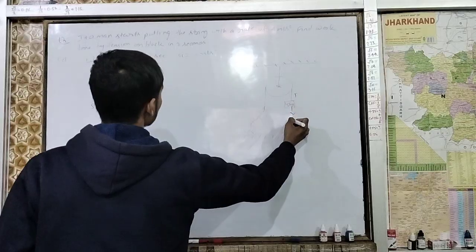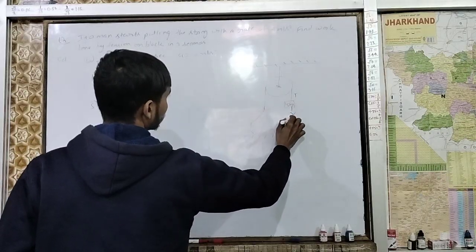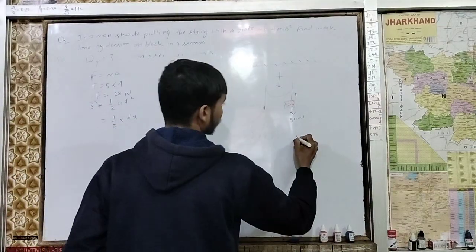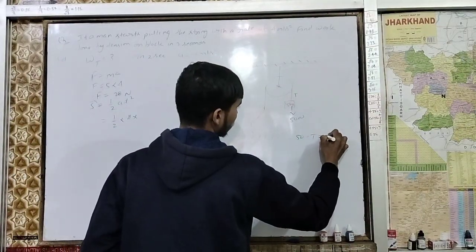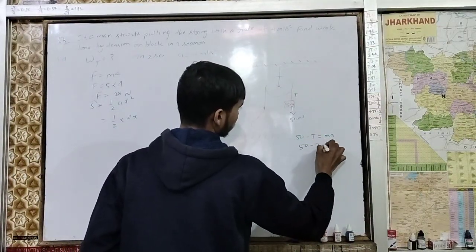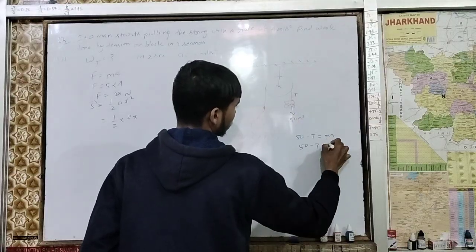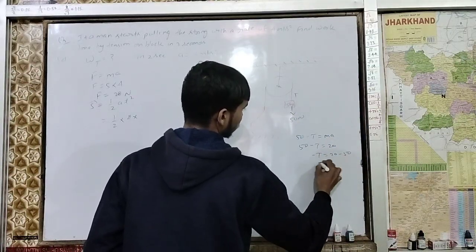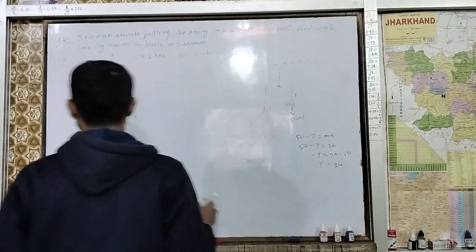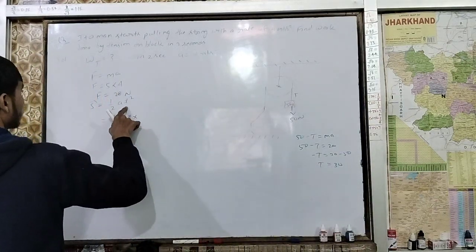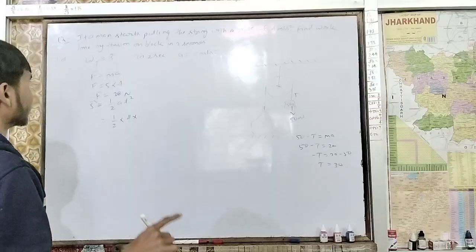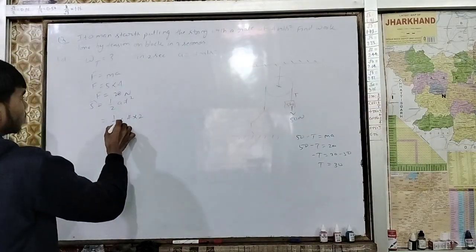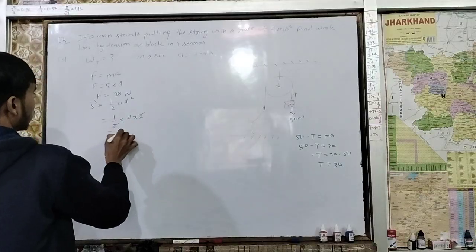Mg over here is 50 Newton. So 50 minus T will be Ma, and Ma is 20, so minus T equals 20 minus 50, which is minus 30. But this is not asking for tension.